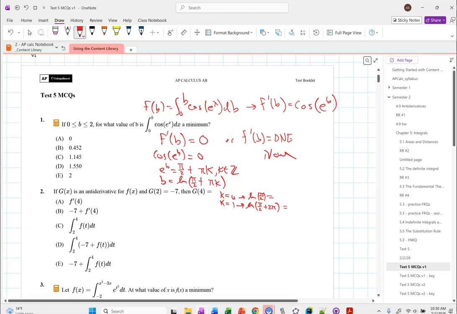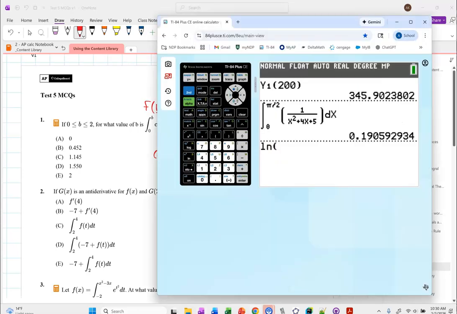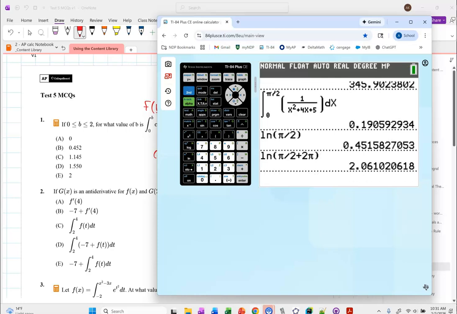So these are both, I'd have to check these on my calculator, right? Okay.